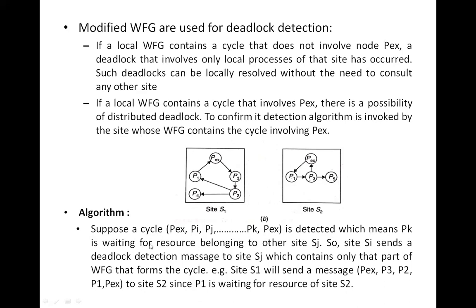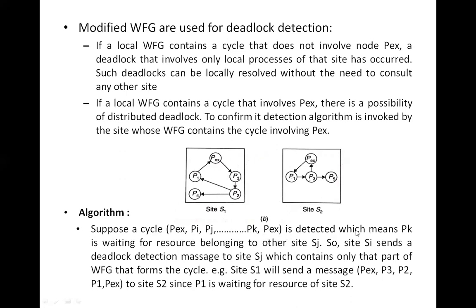So now the algorithm begins. This is the explanation, and the algorithm begins from this place. It says how it will proceed once S1, by including PEX, is getting a cycle, and how it will proceed to confirm with the detection algorithm. So suppose we have a cycle PEX, PI, PJ, and so on, PK, PEX.